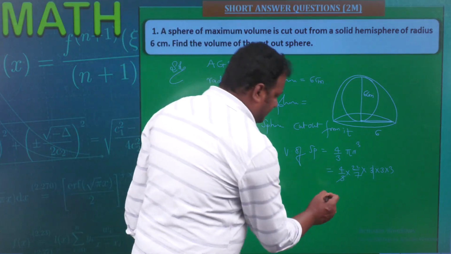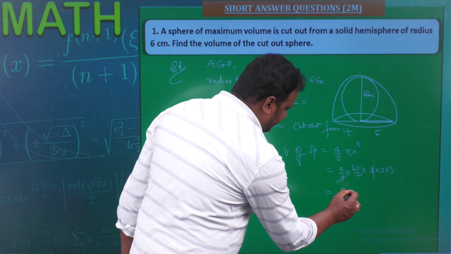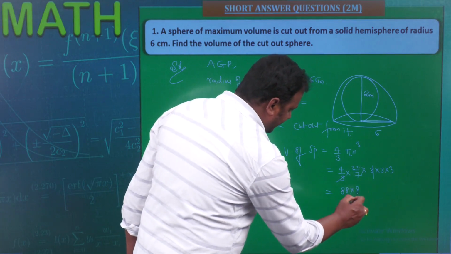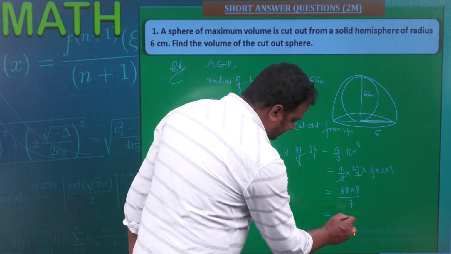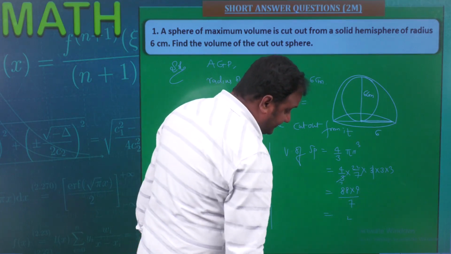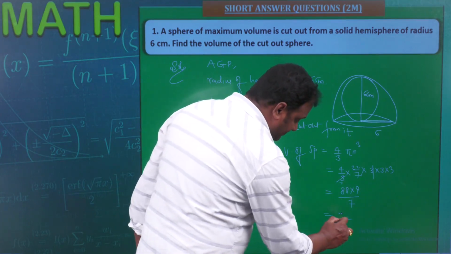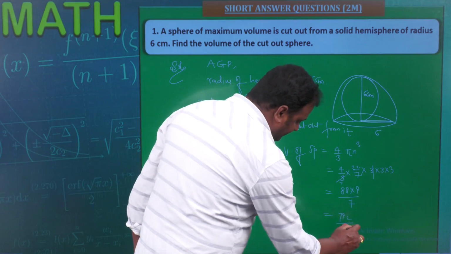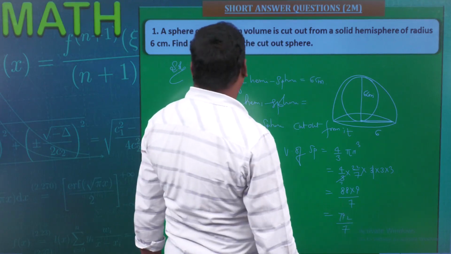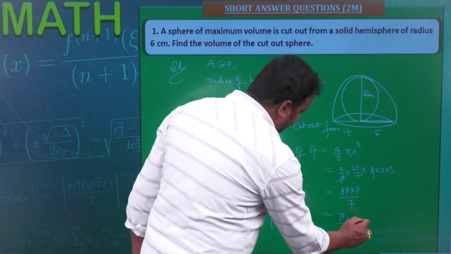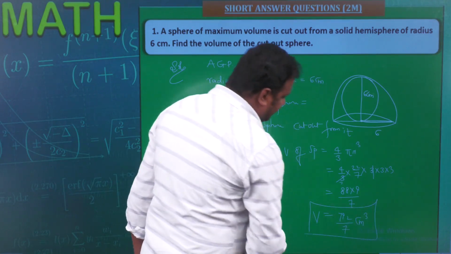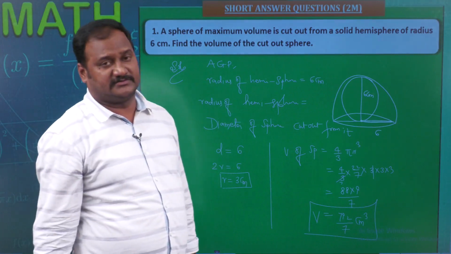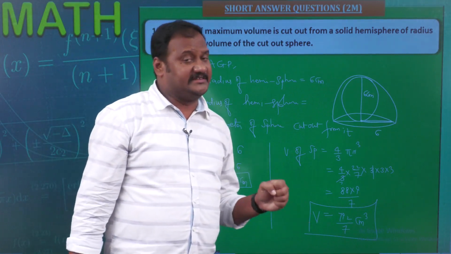So the numerator is 4 into 22 is 88, into 9 divided by 7. So finally what do you get? 9 8s are 72, 72 plus 7 is equal to 792 divided by 7. What are the units? Units are going to be centimeter cube. This is the volume of the sphere cut out from the hemisphere.